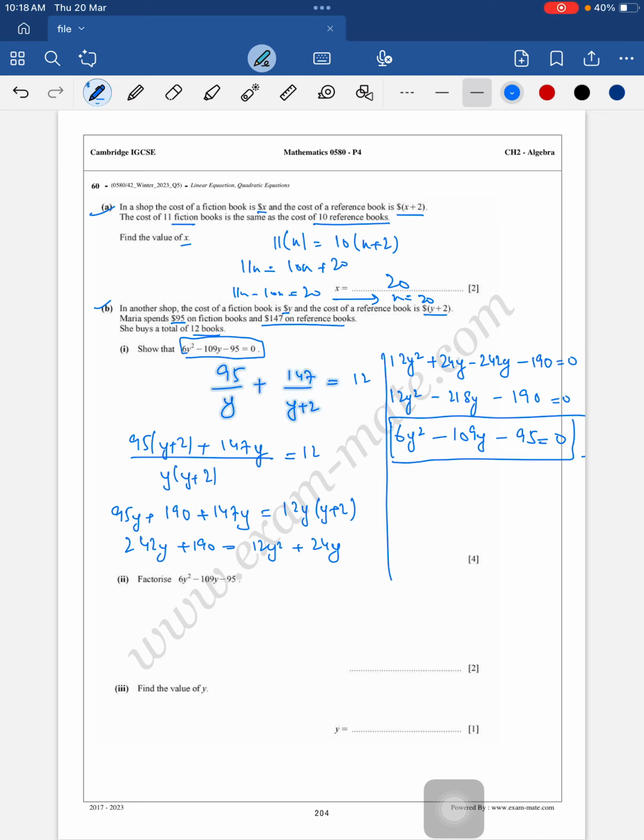Now we have to factorize. We have to look for factors of 95 into 6, which is 570, which combine to give the middle term minus 109.